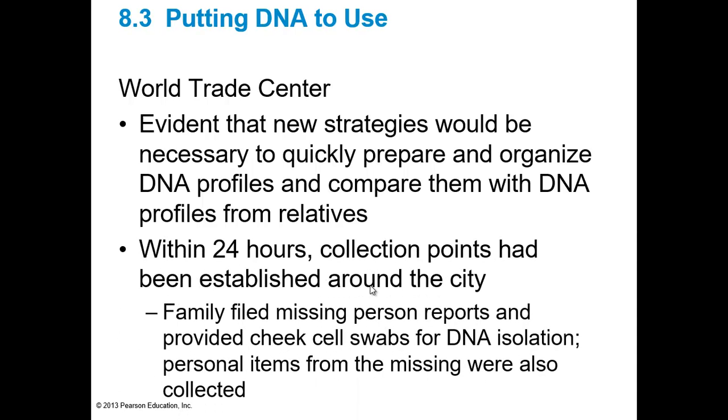So if you were missing a loved one at that time, you could give a sample of your DNA. You file a missing persons report and you provide a cheek cell swab. Sometimes they would also take personal items that might have cells from that individual.